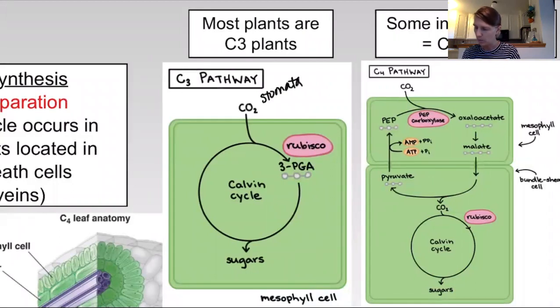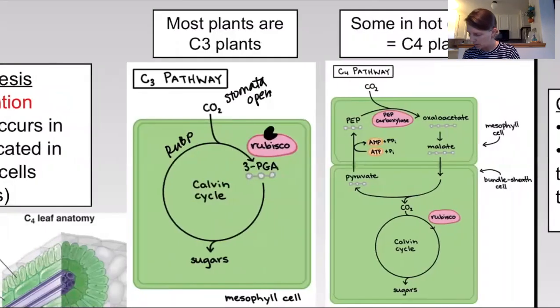It combines with RuBP through the enzyme Rubisco. And Rubisco is actually a really cool enzyme. It's one of the most plentiful enzymes on the planet. To make this 3-carbon molecule, we get 3 carbons coming out. We're going to get another 3 carbons to make our sugars, right? That all happens within a normal mesophyll cell, right?